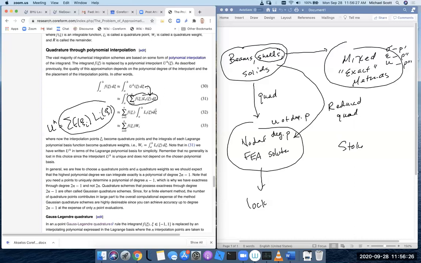Of f or of u_h? Of f. Okay. So the two f's there are different then? Nope, this f here, what I'm saying on the first line is that the interpolating polynomial for a given set of points is unique. So that's what big u_h is, independent of basis. Then I say, well, let's go ahead and represent it in the Lagrange basis. And that's what this statement is.